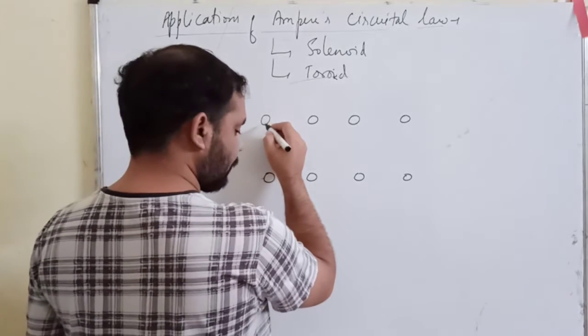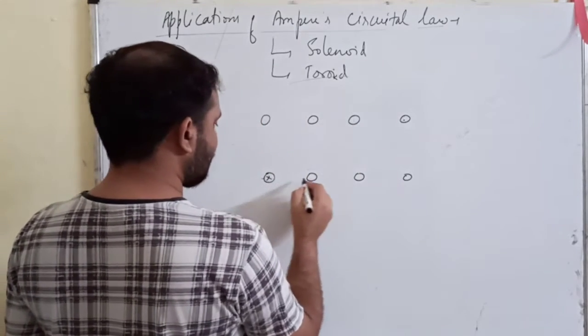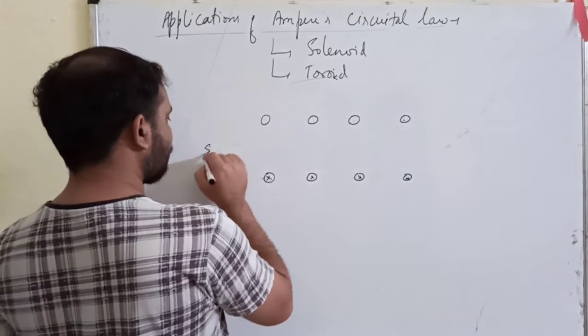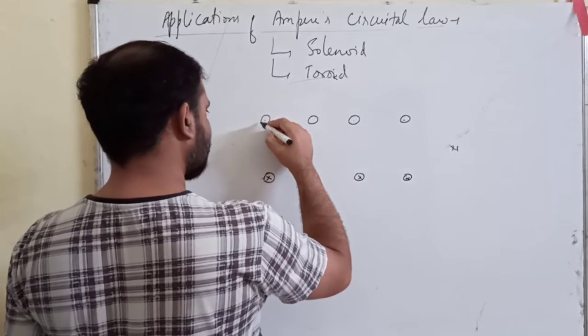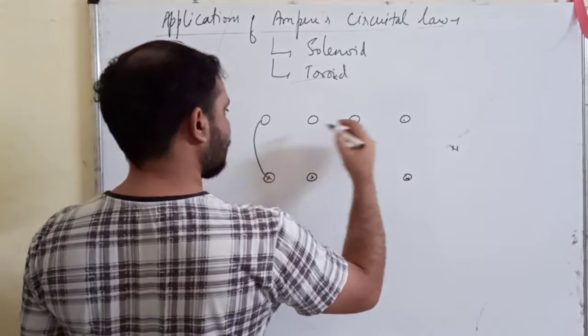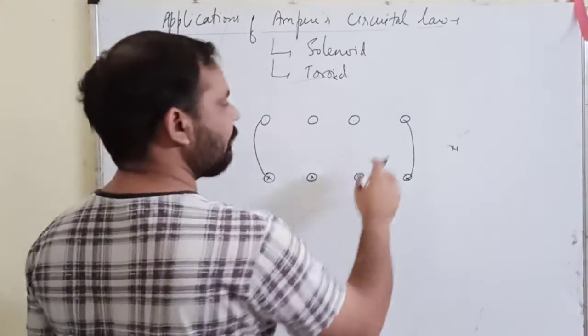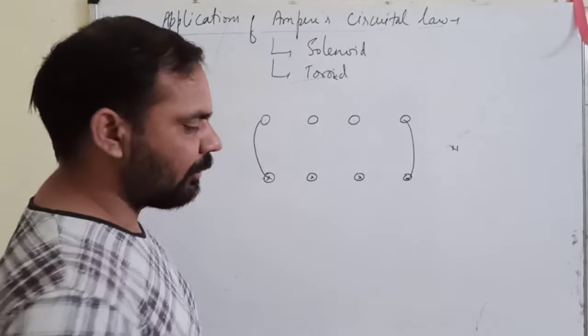Suppose that these are dots, these are crosses. This end is your south pole, this end is north pole. Suppose this is the region where it can create the magnetic field, the inner region of the solenoid, right?